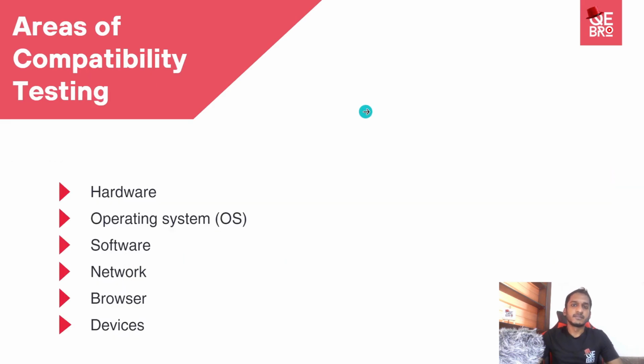So then, based on previous examples, you now have a clear idea that compatibility testing can be categorized under different areas. So here is a list of areas which we can think of under compatibility testing. Compatibility testing can vary based on hardware as well, different devices. Someone might use one computer with, let's say, 128 RAM, a particular specification.